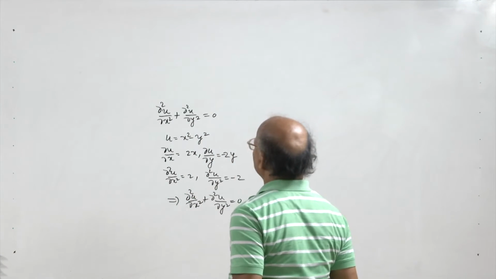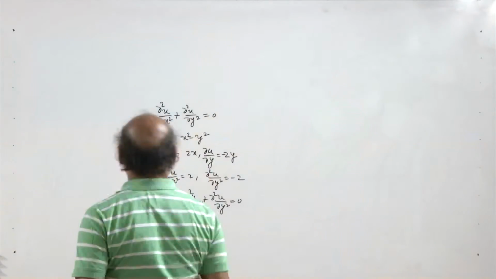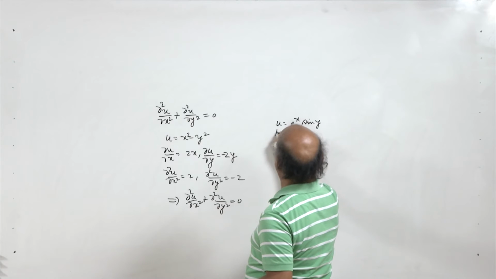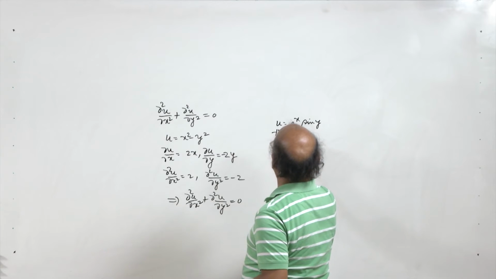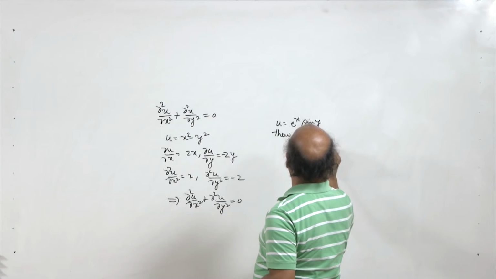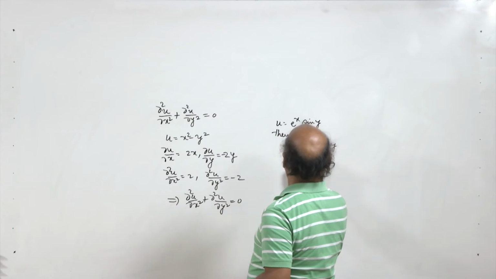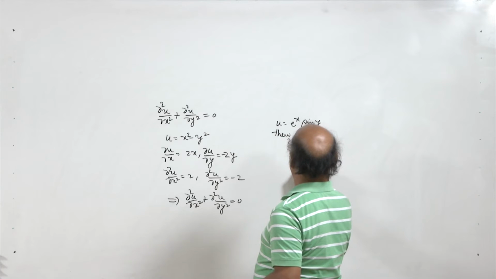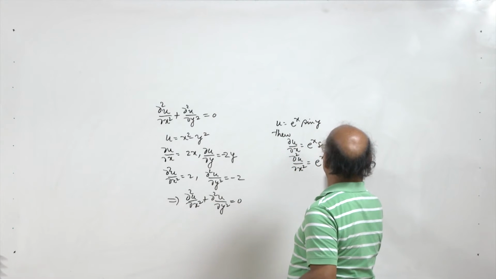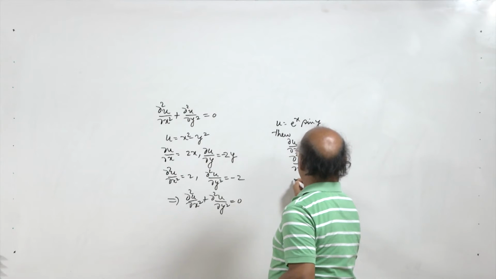So, u equal to x square minus y square is a solution of this. Similarly, we can see that if u is equal to e to the power x sin y, then ux, or you can say delta u by delta x, is e to the power x sin y, uxx, while uy.